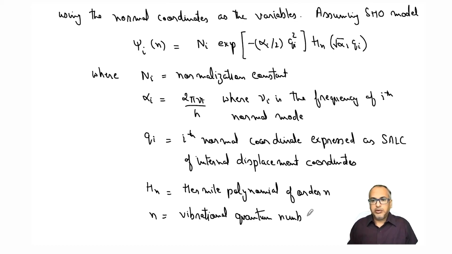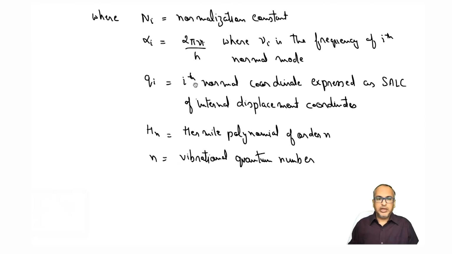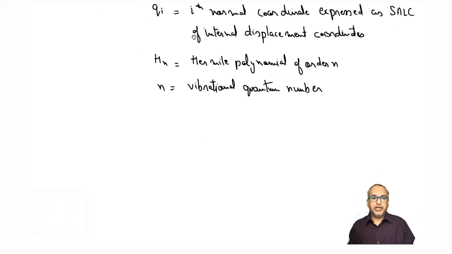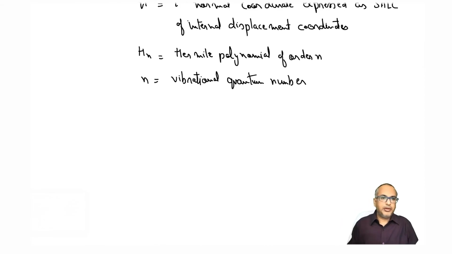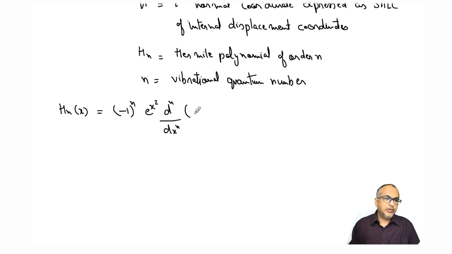Okay, let's see how we write Hn. Hn of x, let's say, is minus 1 to the power of n, e to the power of x square, nth derivative d x n of e to the power minus x square.